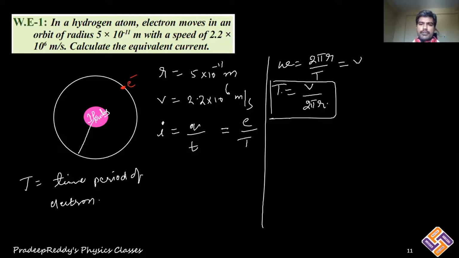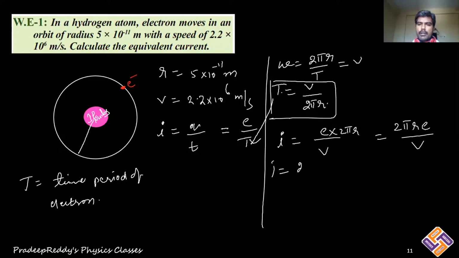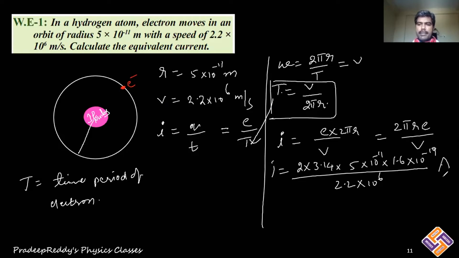Take this T and substitute in this expression. You will be getting I is equal to E v divided by 2 pi r. All the values are known to you. I is equal to 1.6 into 10 power minus 19 coulomb, the charge of the electron, into the velocity of the electron 2.2 into 10 power 6, divided by 2 into 3.14 into 5 into 10 power minus 11, and this is in ampere.